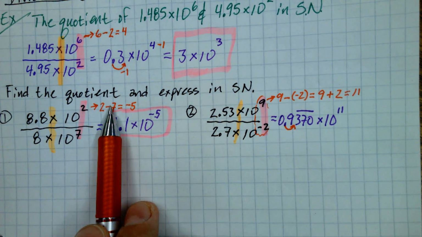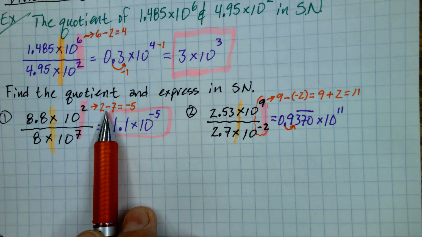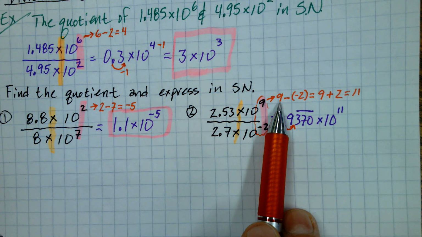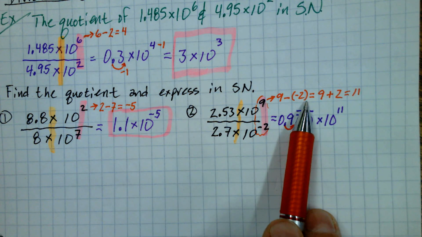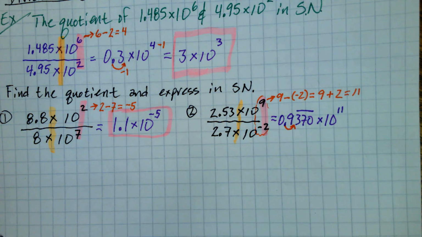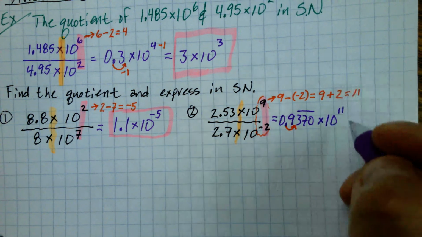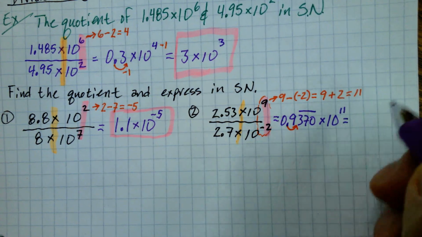Like here, I didn't see a negative. I didn't have to do it. But if I see a negative either for the first number or for the second number, I do keep change opposite. Okay? All right.